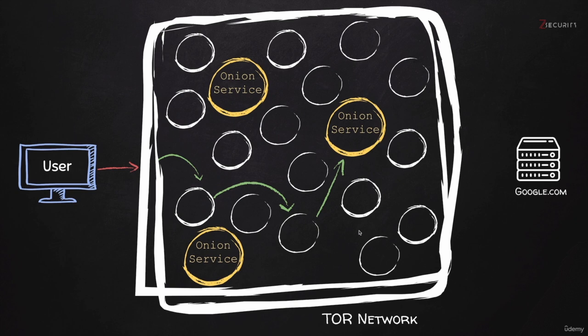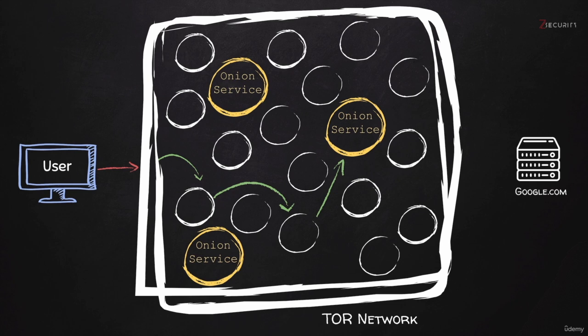So you're going to pick one of these nodes and you're going to send your traffic through it as the first node. The problem is, before you can actually connect and send data to this node, your data can easily be intercepted by your network administrator or your internet service provider before it even reaches the first node and before it's even able to connect to the Tor network.